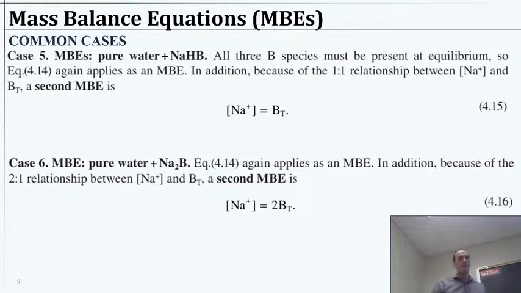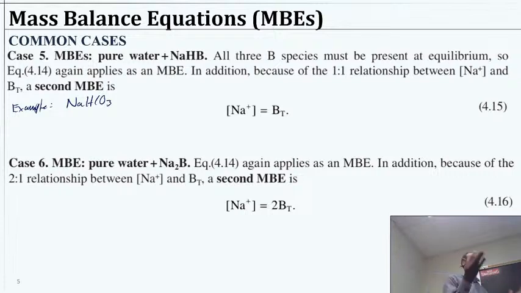All right, next case, sometimes we might add something like sodium bicarbonate, where we have another sodium here, could be potassium or whatever, but we'll use sodium, NaHB. So the B is again a 2 minus charged species, and our example could be sodium HCO3, so sodium bicarbonate. And here, we actually have basically the same thing as case 3, where the amount of sodium added on a molar basis is the same amount as the B that we've added, right?